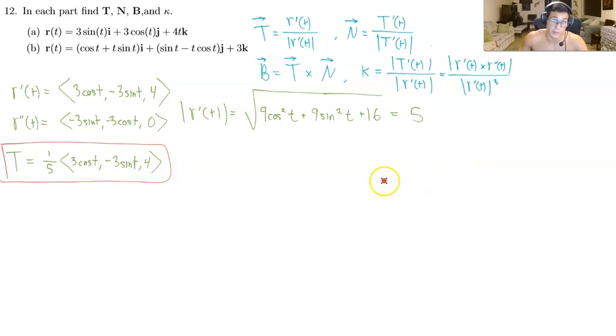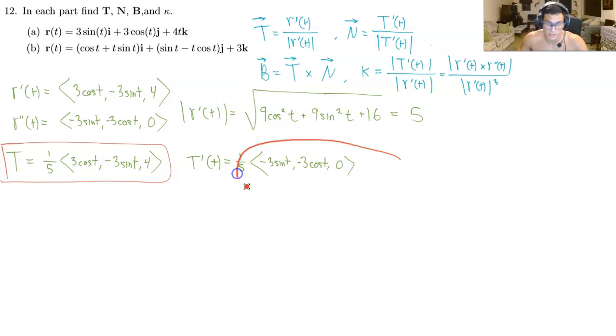Okay, well now we need to take T prime of t, right, for this formula. So T prime of t is equal to 1/5. You keep the 1/5 on the outside, just a constant, and then now you take this derivative here, negative 3. It is this thing here: negative 3 cosine t, and 0.